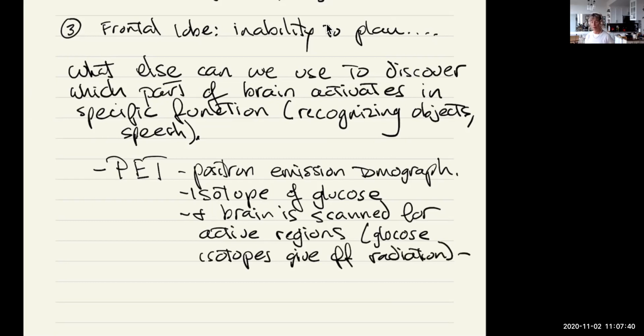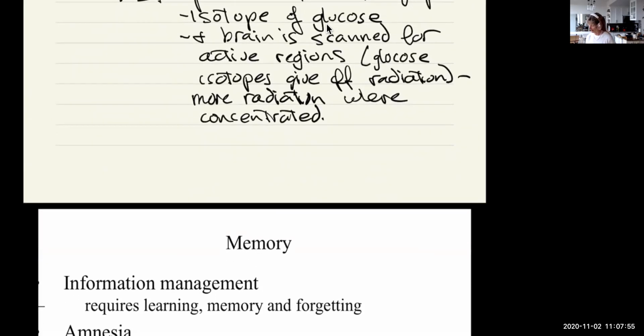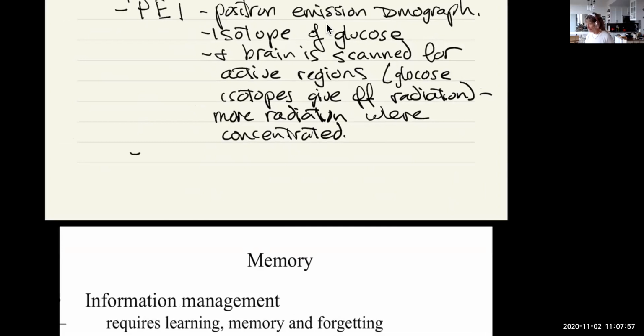And there's more radiation where the glucose is concentrated. Other trauma to the brain, such as stroke, for example. Stroke can lead to different dysfunction, different parts of the body that are paralyzed because they don't get motor sensation, or sorry, motor innervation, I should say.